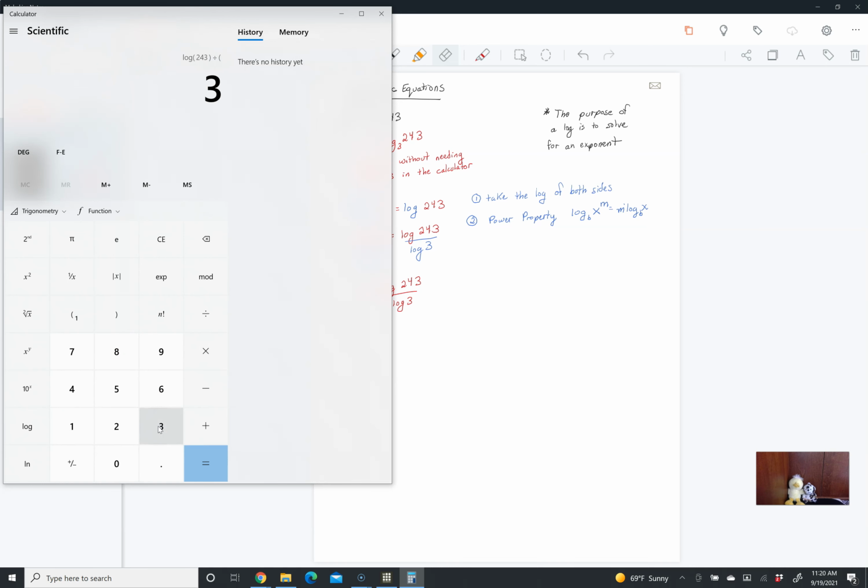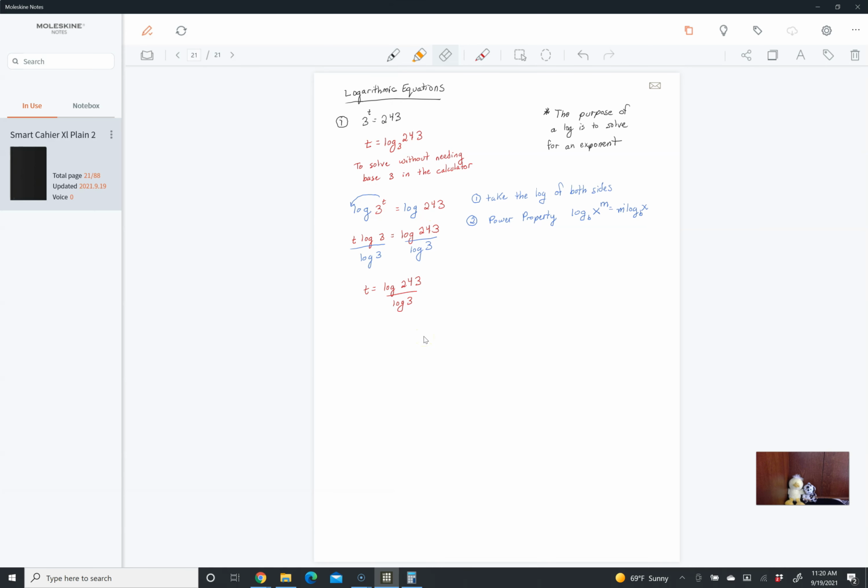So put 3 first and then log, and then just close your parentheses. And you get 5. In some calculators you could type log and then the number. In this one and in a lot of the others, you type the number and then log. And what do we get? We get that t is equal to 5.